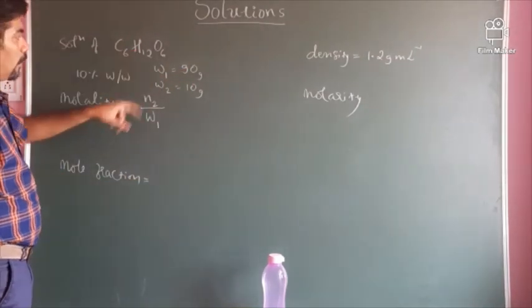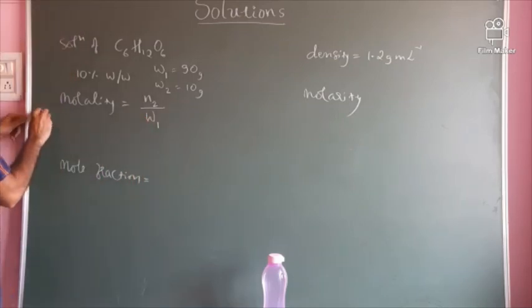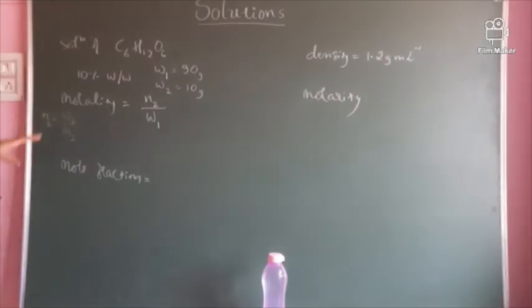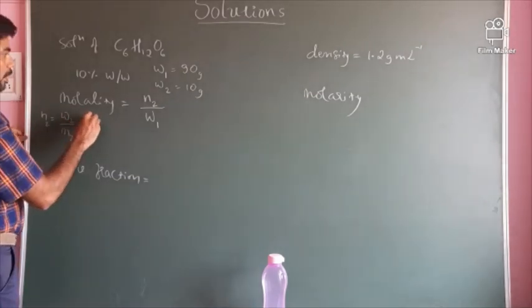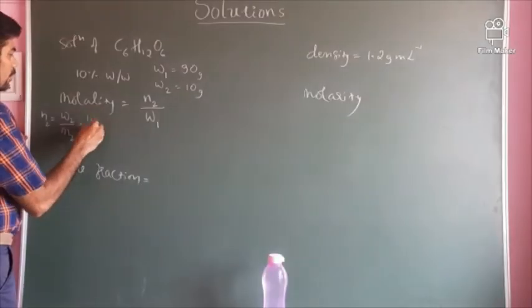Now we need N2, and to calculate N2, N2 is equal to W2 by M2, that is, the actual mass of the component divided by the molar mass of the component. The actual mass W2 is given as 10 grams, divided by the molar mass of glucose.